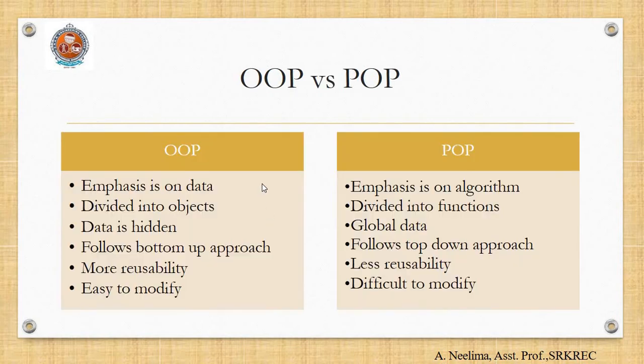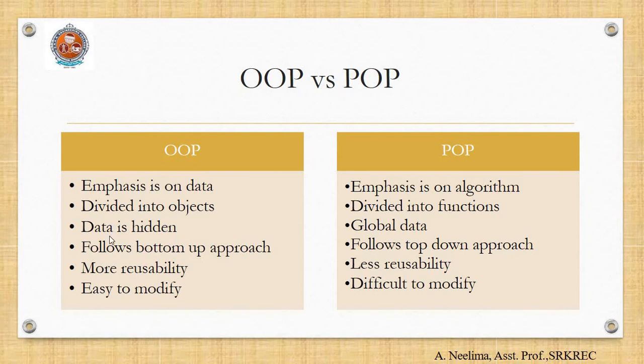Let's see the difference between object-oriented programming versus procedure-oriented programming. Object-oriented programming emphasizes data, whereas procedure-oriented programming emphasizes the algorithm. In OOP, a program is divided into objects, whereas in POP, the program is divided into functions.